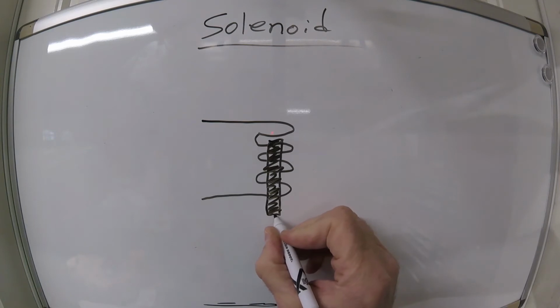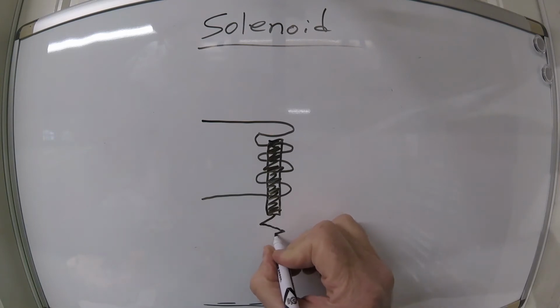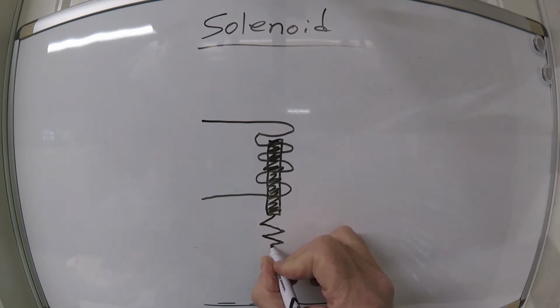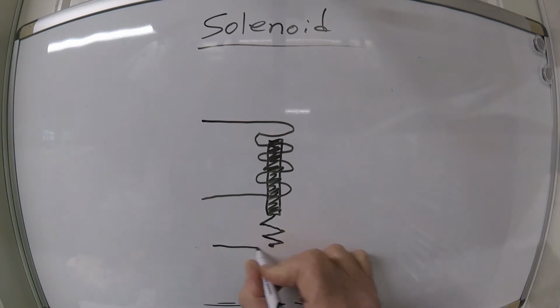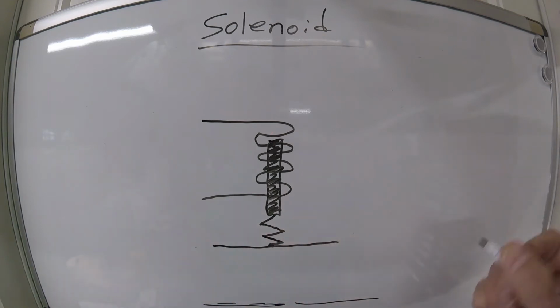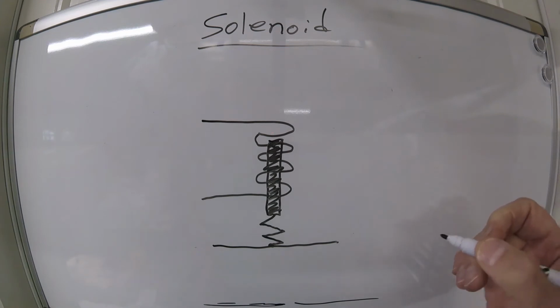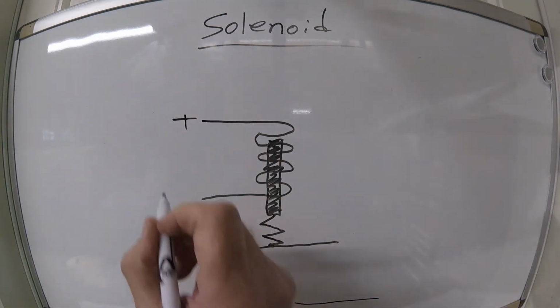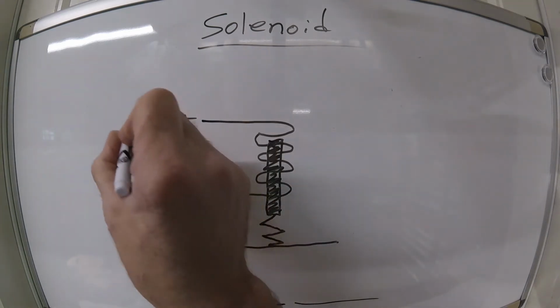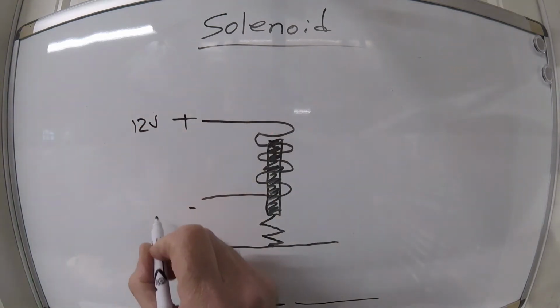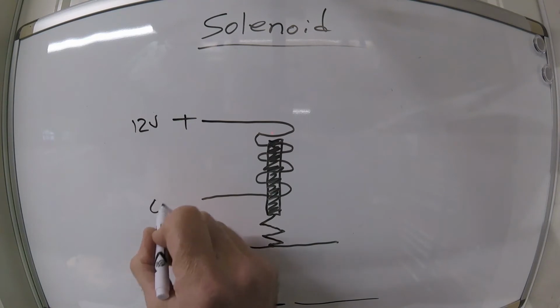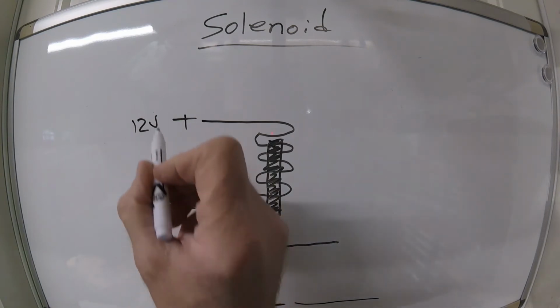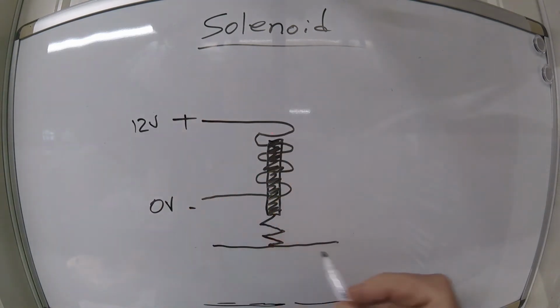And that iron bar is attached to a spring that is attached to the frame of the solenoid. When we put our voltage across here, we put 12 volts here, and we attach this to 0 volts, so we have a potential of 12 volts across our coil.